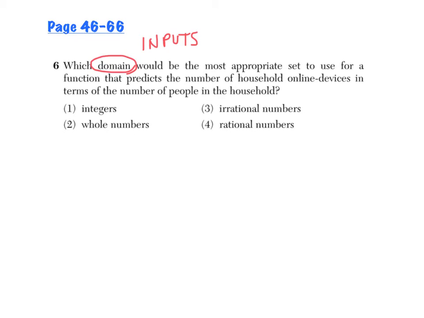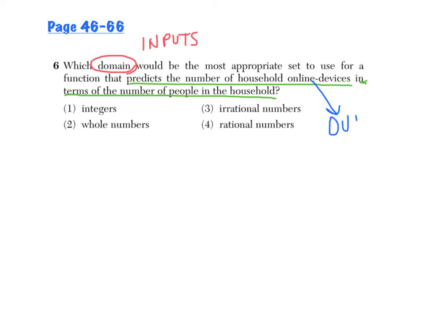So as I read this sentence right here, okay, it's a function that does what? Predicts the number of household online devices in terms of the number of people in the household. Okay, so the question is, what are we measuring or calculating for, and what are we putting in? Well, in this problem, it is clear that we're predicting for the number of household online devices.